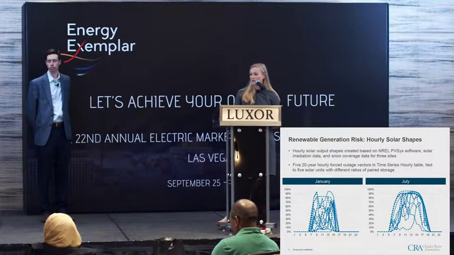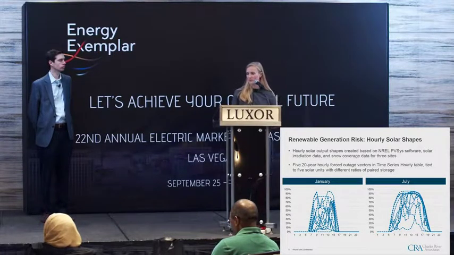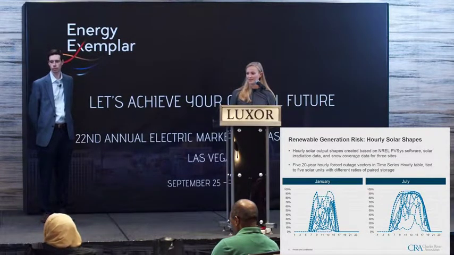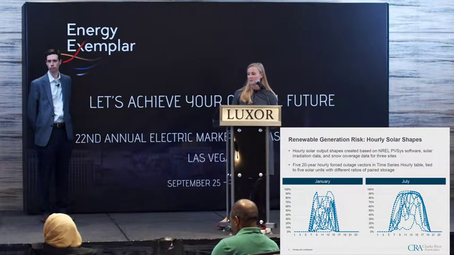So here you can see what those different days looked like, and we randomly sampled each of those days based on actual data to create 5 20-year hourly vectors, and obviously using the time series hourly table, so we're replacing those weekly vectors with the hourly vectors.